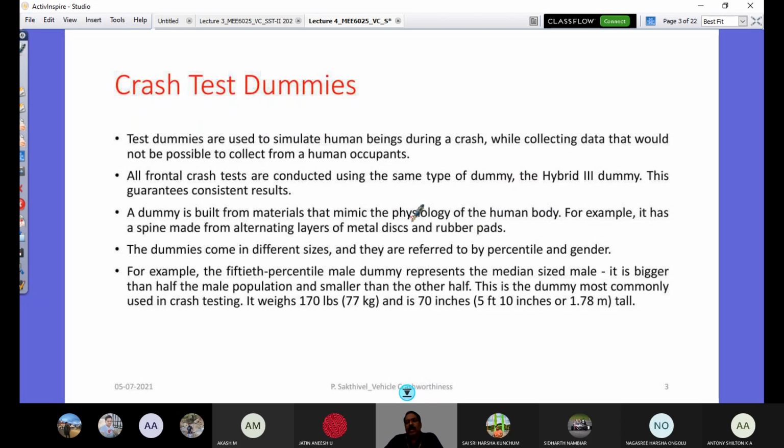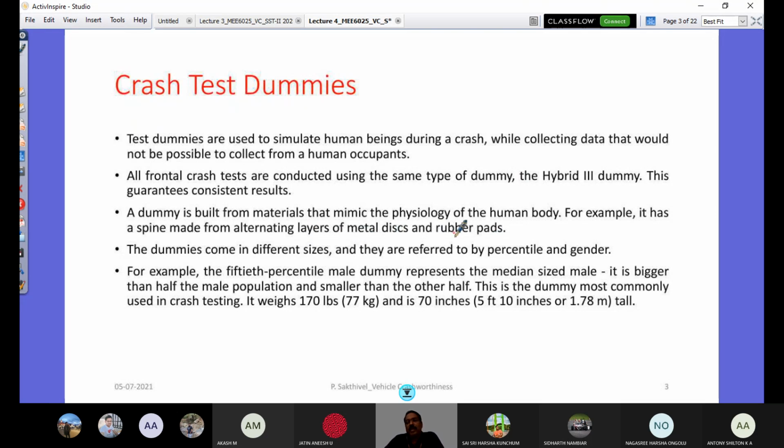The early dummy would not have behaved exactly as a human body, but today's latest world-class dummy is almost able to resemble a human. That is called a mimic of the physiology of the human body. For example, it has a spine made from alternating layers of metal disc and rubber pads.